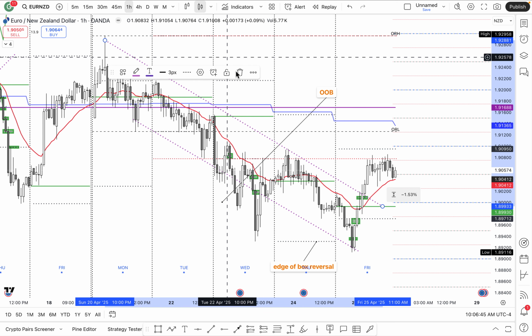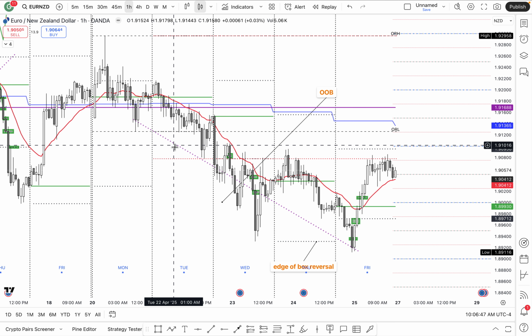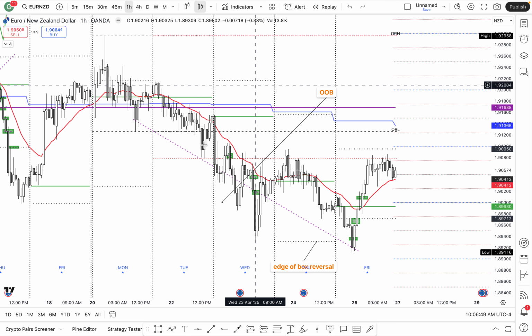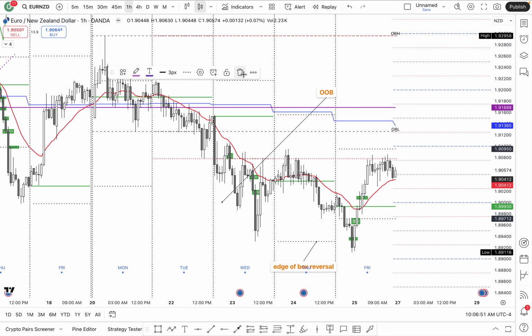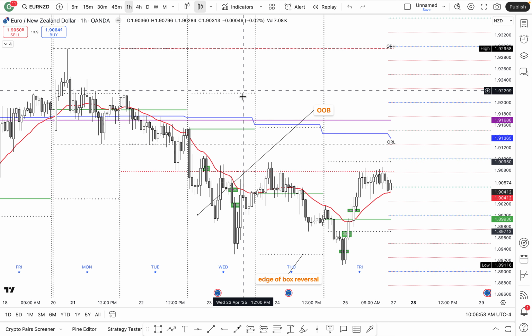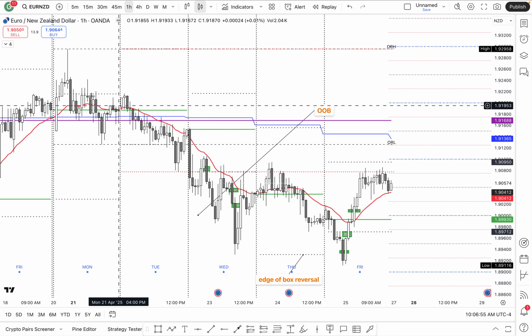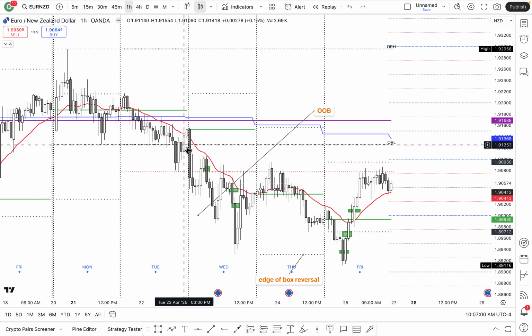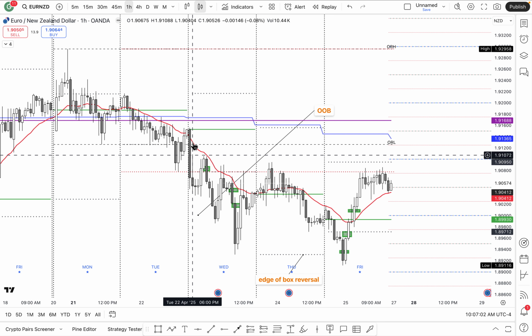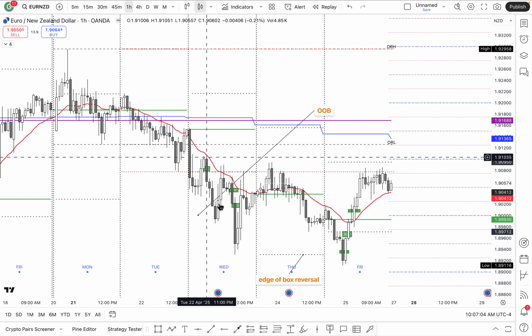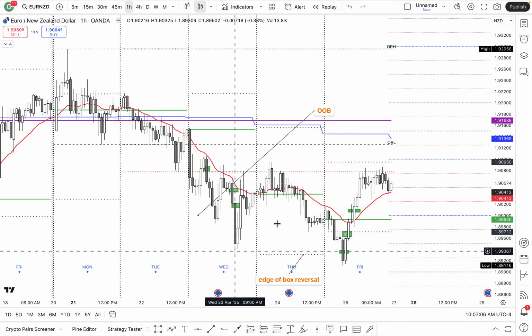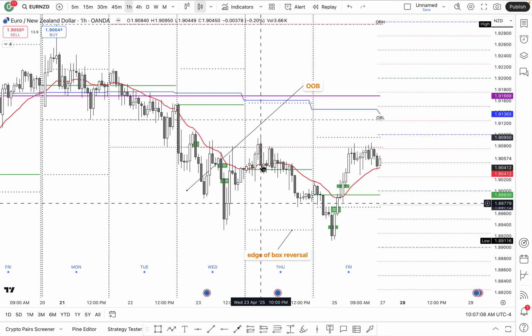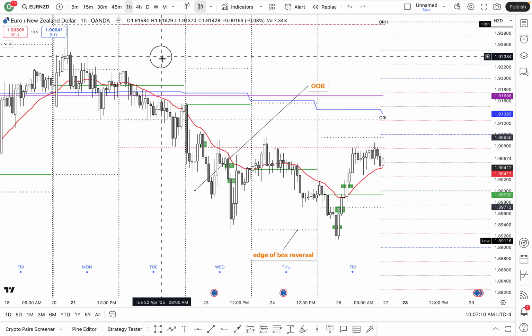So we have here a box. Monday, Tuesday, Wednesday forms a box. Price is inside of that box. So as the market trades, if it goes out of the opening range, we have what? An out of balance trade setup to align ourselves in the direction. But that market can now correct itself after forming our box.